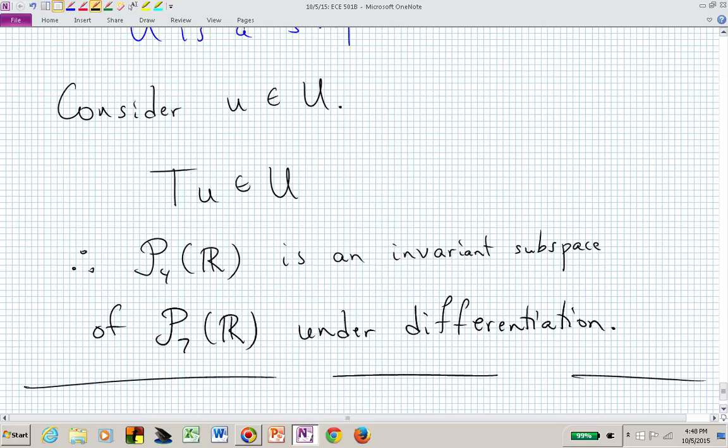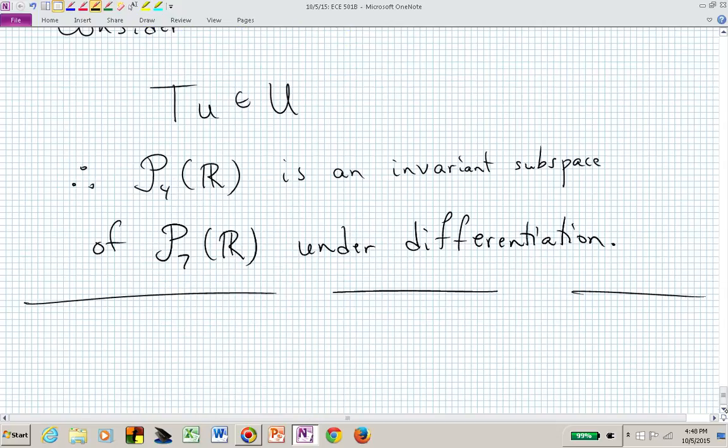Instead of just always thinking about standard matrices, now we could have a matrix, but it would be a matrix representation of this linear map of differentiation.